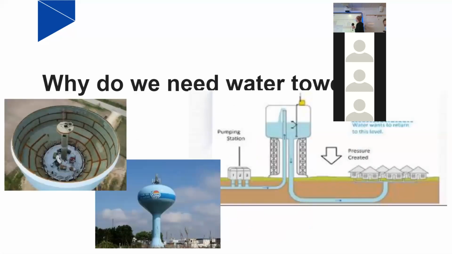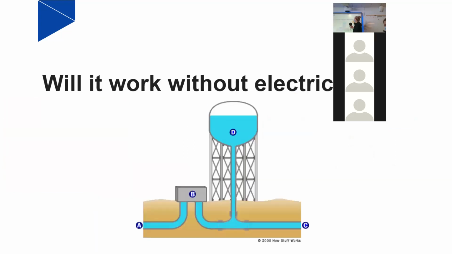And then why do we need water towers? Because it distributes the water very effectively and in a very cost efficient way. And it will be able to work for a little bit without electricity, but the pump is electric, so it won't be able to pump new water into the water tower. So the water will work at a very low pressure.